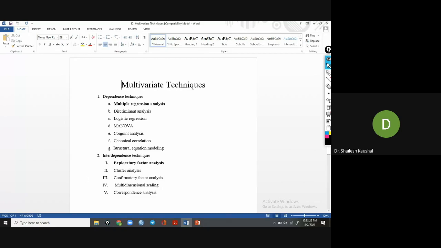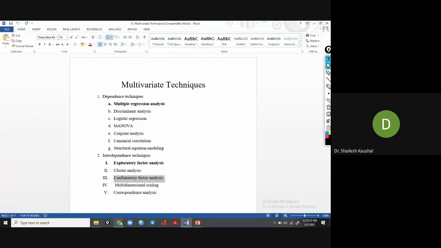So it's a combination of the dependence technique as well as the interdependence technique. In the first step, we use the measurement model to find the validity of the model, and second is testing the structural model. So in the first step, confirmatory factor analysis.